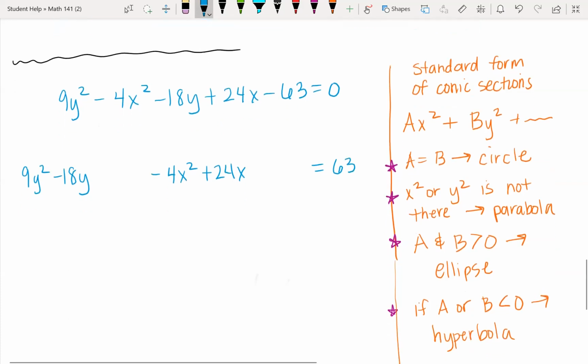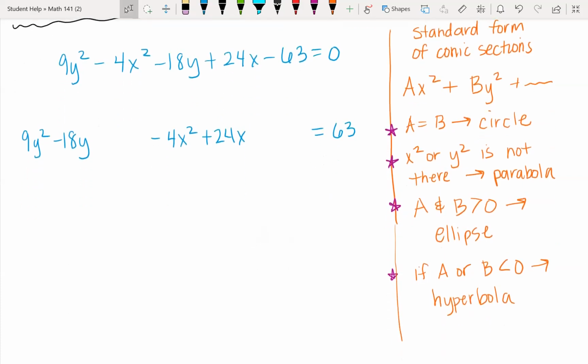Now, I'm going to complete the square twice, once for the y's and once for the x's. But before I do that, I have to factor out any coefficient in front of the squared term. So I'm going to take the 9 out here, and the negative 4 out here.